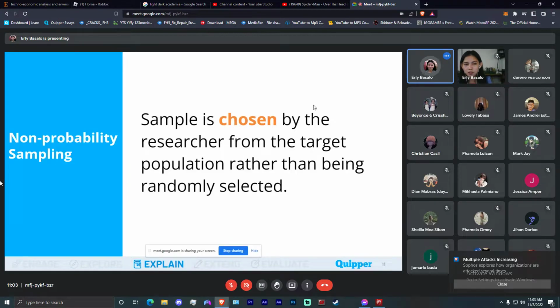Next, we have the second category for research sampling: non-probability. The sample is chosen by the researcher from the target population rather than being randomly selected. So there is no fair selection involved. The researcher decides who they want to pick without applying those formulas.